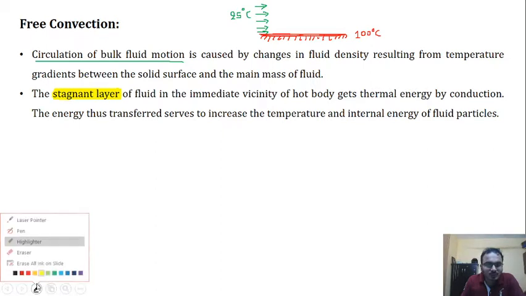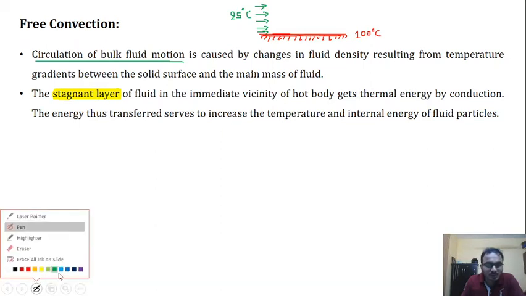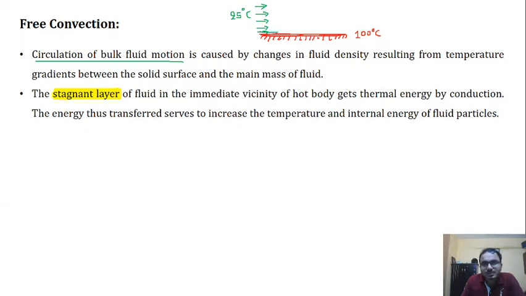So what they are trying to say over here is, there is a thin layer very near to the hot surface. This is the thin layer of fluid where the fluid velocity is 0, and this fluid gets thermal energy by conduction. So in this small portion there is conduction.